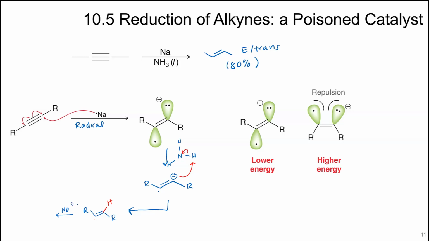And the sodium radical can pair up with that electron. So there's our lone pair there now with a negative charge. And that can grab a hydrogen. And you get your alkene.